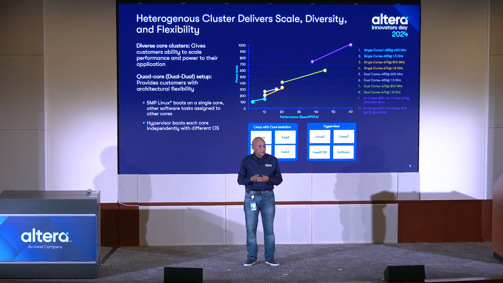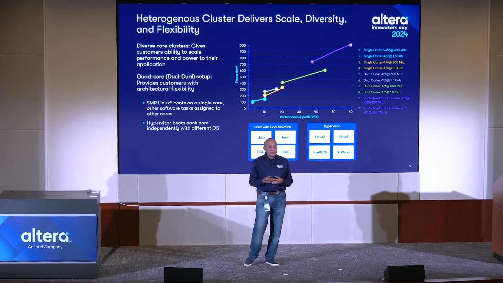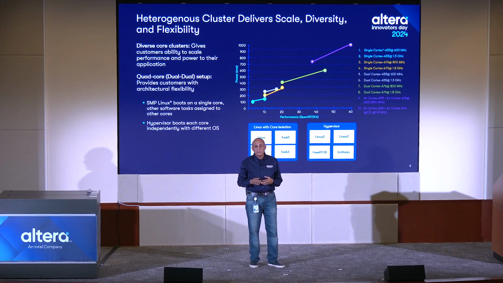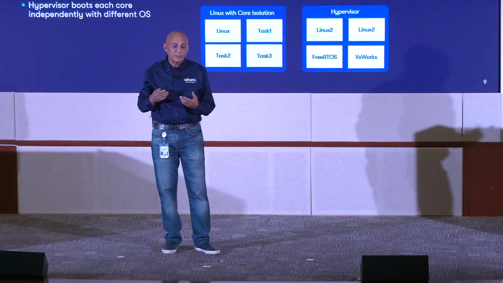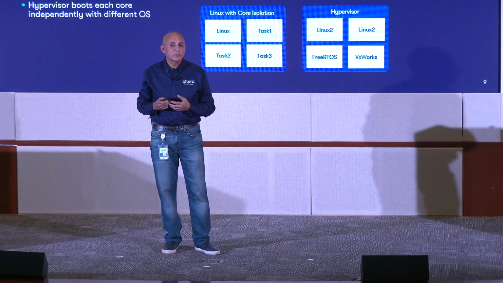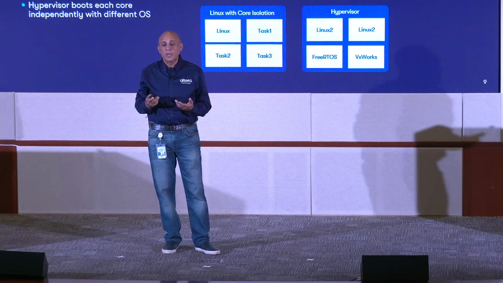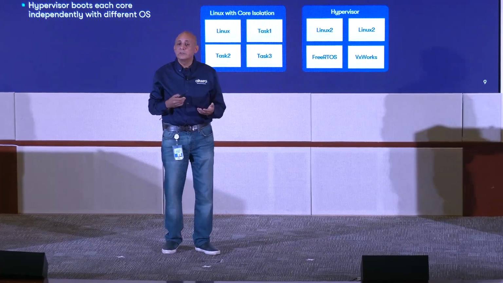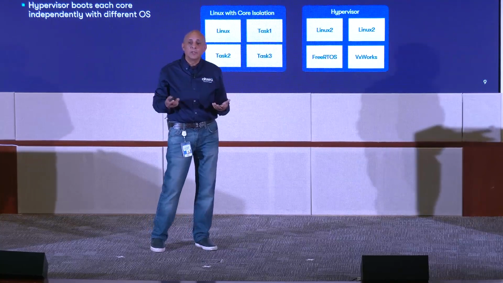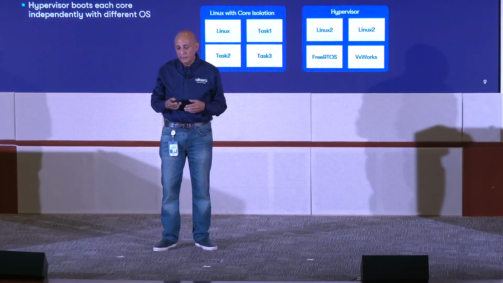The other thing we have is the quad core setup, which enables you to now have a diversity of OSs and provides architectural flexibility for you. For example, you have SMP Linux, which you can boot on a single core and then offload other tasks to the other cores, or you could take a hypervisor and boot each core with different OSs. So you could do either of those. That flexibility is available for you.